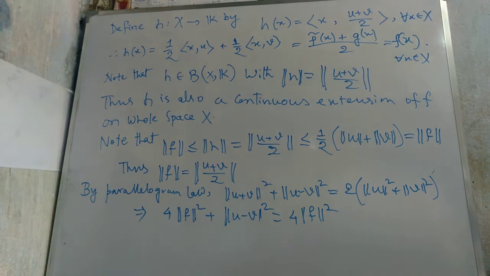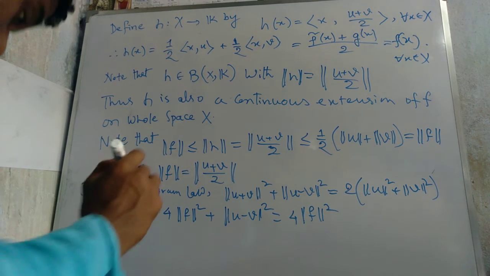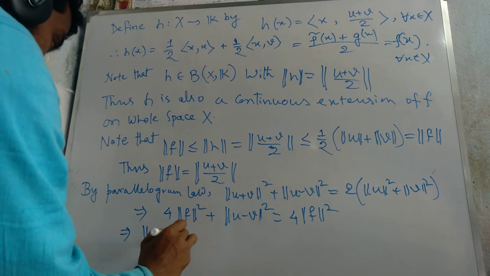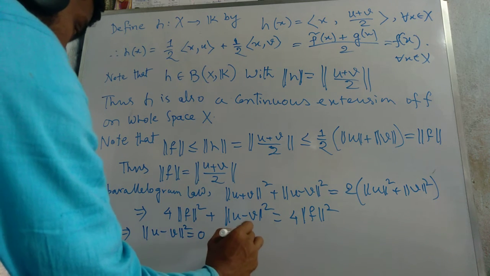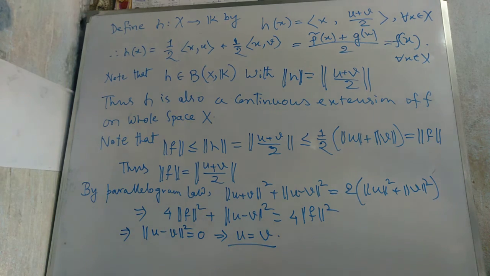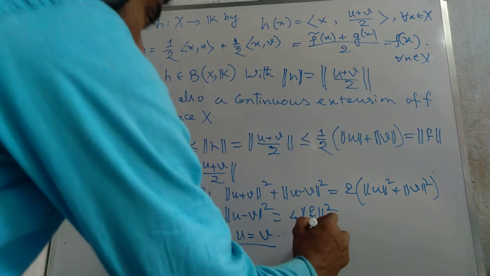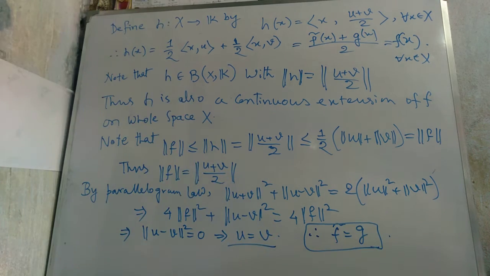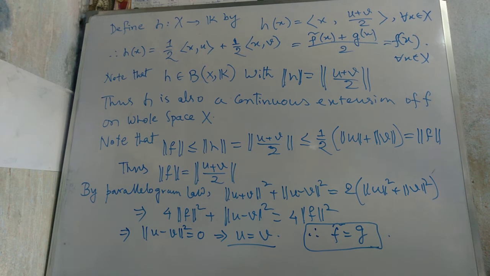This implies that norm of (u minus v) square equal to 0, this implies u equal to v. Therefore what we get, that f delta equal to g. So we find a unique bounded linear functional f delta. Okay.